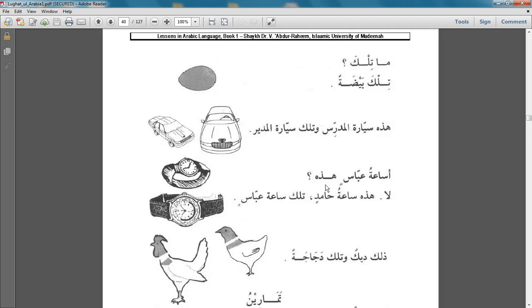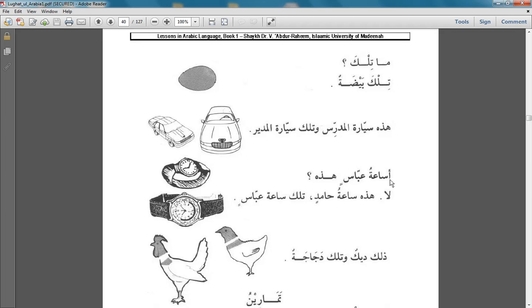أساعة عباس هذه? Is this Abbas's watch? So again we have ساعة عباس, which is مضاف and مضاف إليه, and it is Hamzatul Istifham. That means it's a question mark, it's a question. Is this, is هذه means this, and indicates that it's a question.